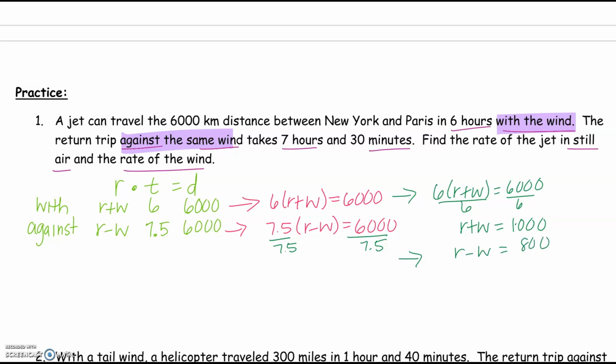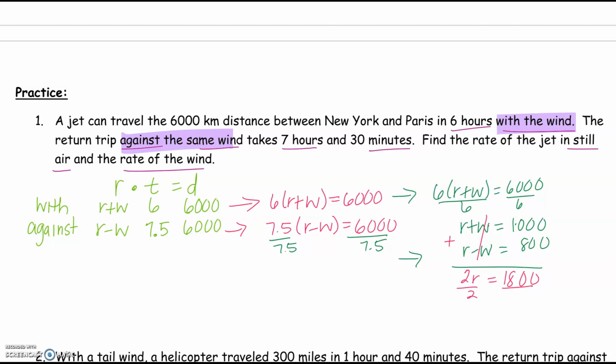Now, we want to solve in terms of one of these unknowns. You can convert one and use substitution, or you can use elimination. I'm going to go ahead and use elimination, and I'm going to eliminate W by adding. 1R plus 1R is 2R, W plus negative W is gone, and 1,000 plus 800 is 1,800.